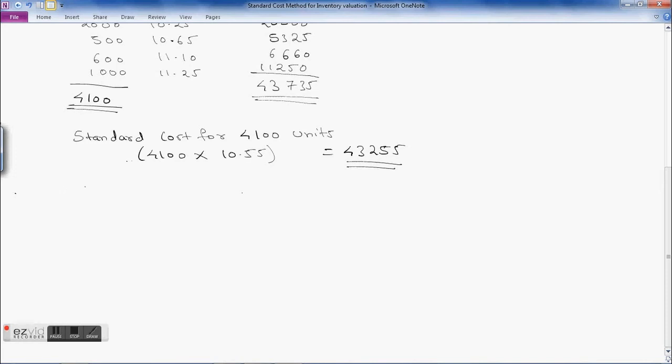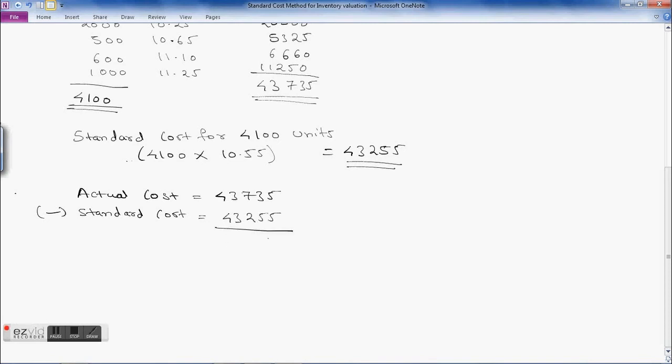Now we will find out the variance. Variance is the actual cost, 43,735, minus the standard cost, 43,255.